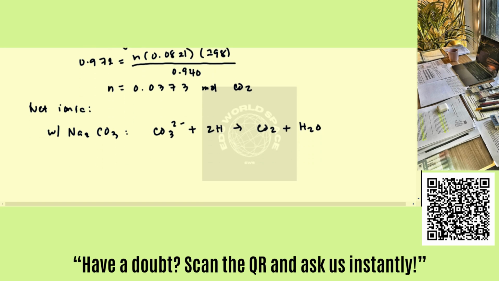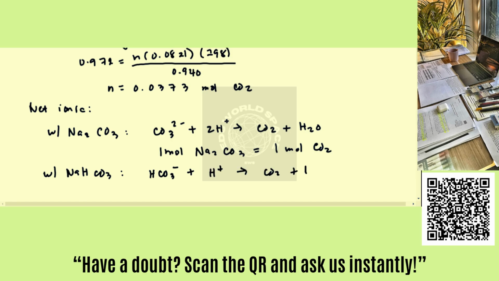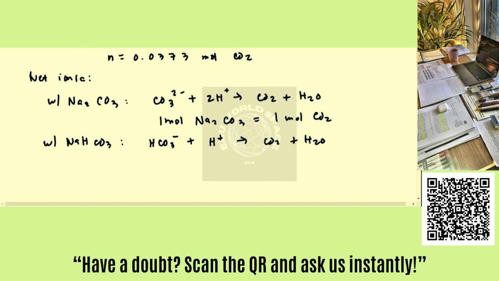And as we can see from the balanced equation, 1 mole of the carbonate gives 1 mole of carbon dioxide. Also, we can produce the same gas by reacting bicarbonate with an acid. And again, from the balanced equation, we see that 1 mole of sodium bicarbonate yields 1 mole of carbon dioxide.